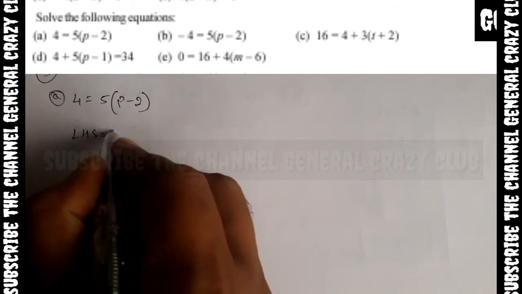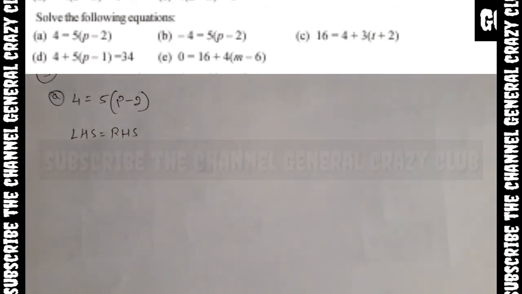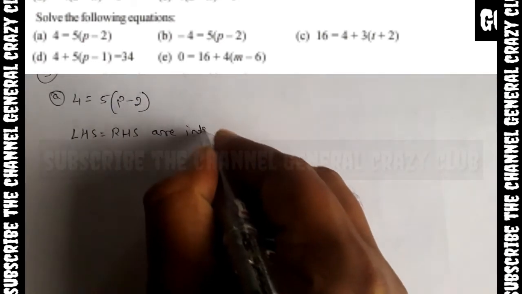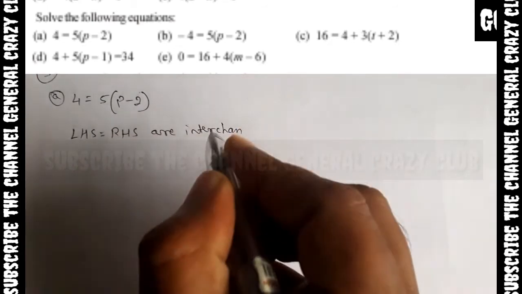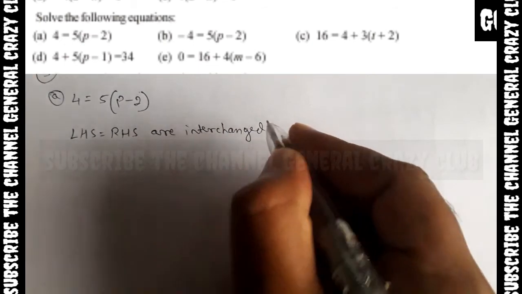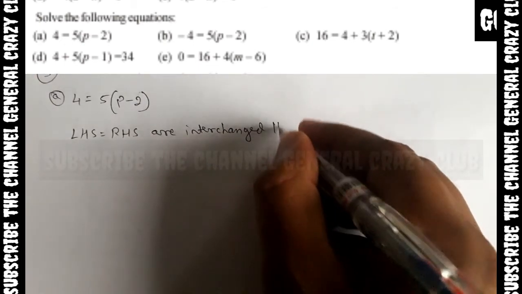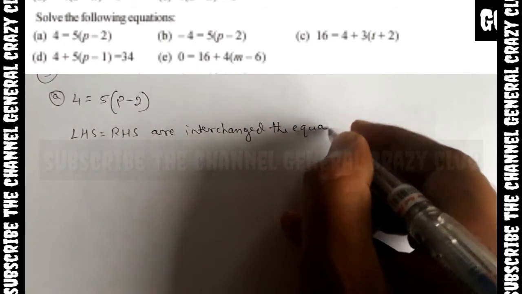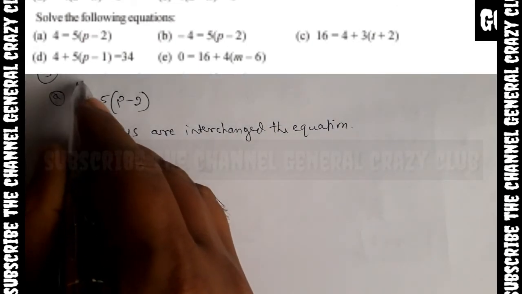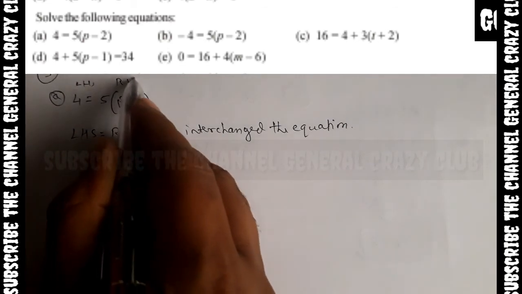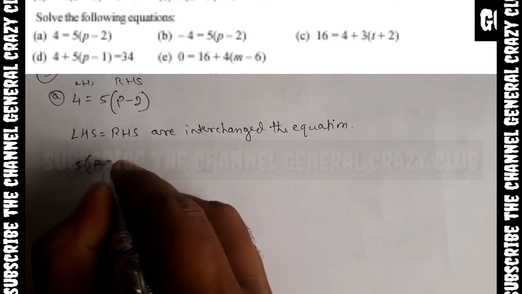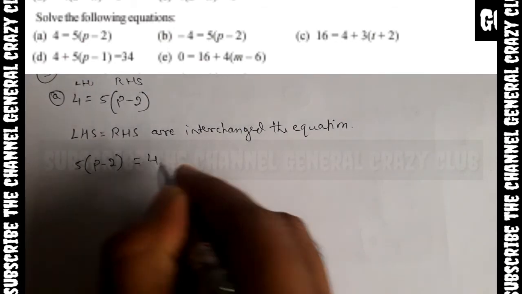LHS and RHS are interchanged. Interchange means this one on LHS, this one on RHS. We are interchanging, so 5 bracket p minus 2 is equal to 4. This is the interchange.